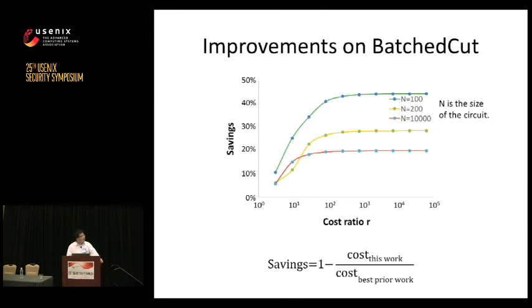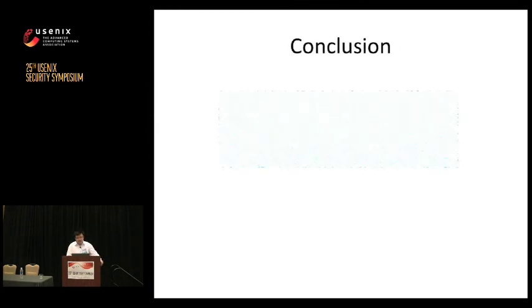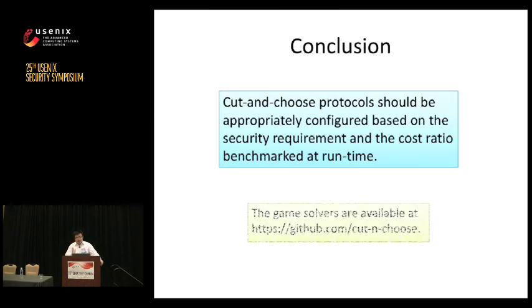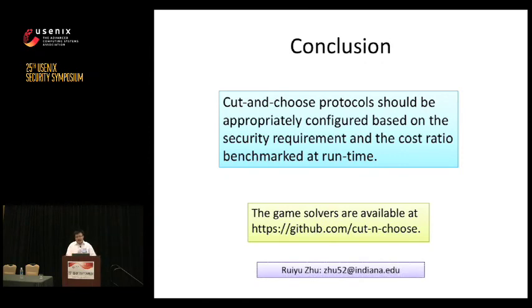If you are interested in this kind of protocol, you can search for the details in our paper. And in conclusion, your take-home message is that cut-and-choose protocols, no matter where they are applied, should be appropriately configured based on the security requirement and the cost ratio.